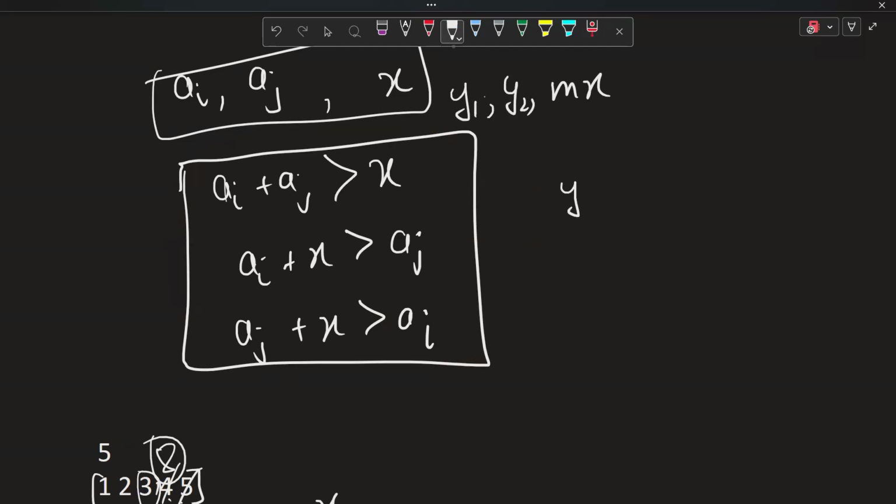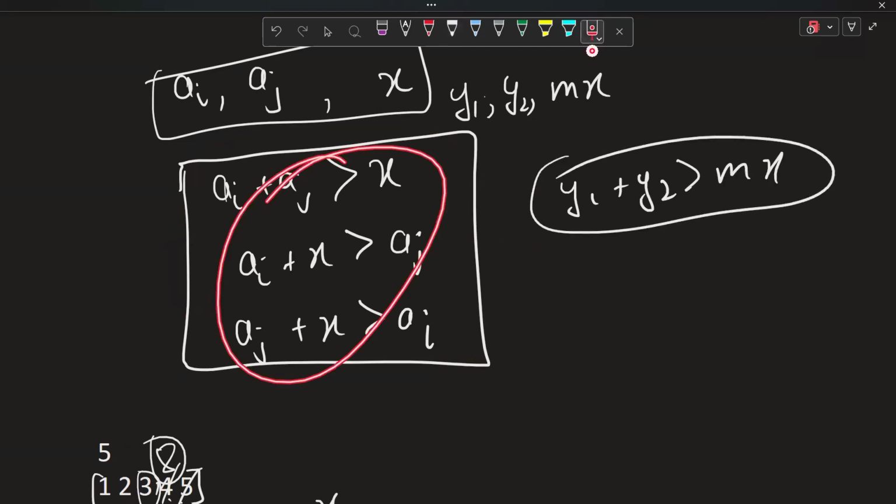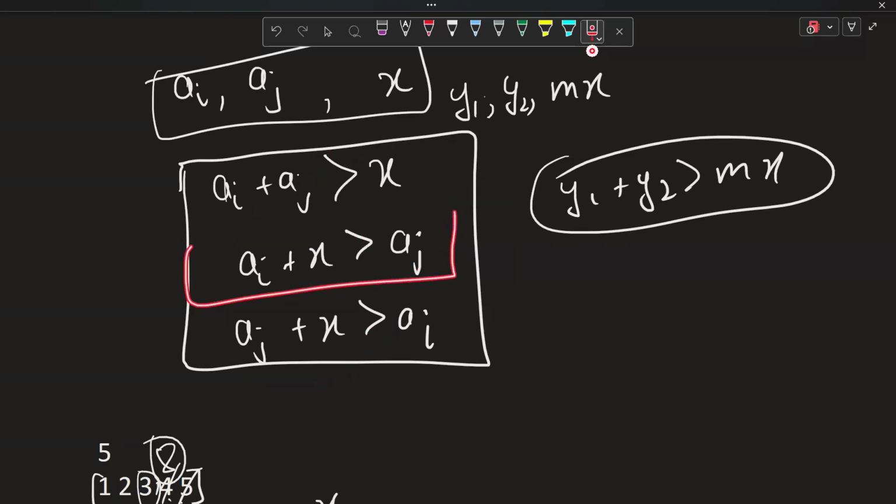Then your condition is y1 plus y2 should be greater than mx. If this one condition is satisfied, all three would be satisfied. Basically, among the three, when you keep the maximum element to the right side, then if this condition is satisfied, the other two would also be satisfied.